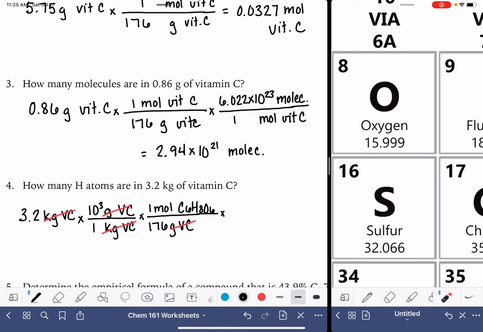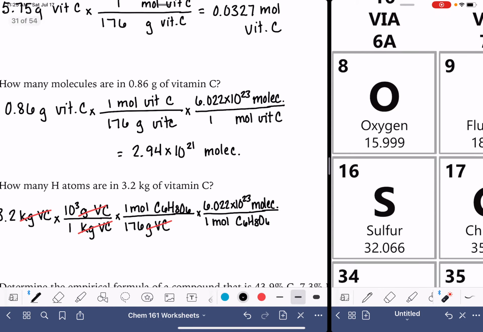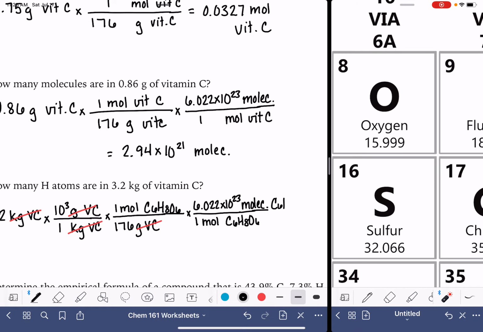The next step you take kind of depends on your personal preference here. But what I like to do next is convert that 1 mole of C6H8O6 into molecules, just like we did in problem number 3: 6.022 times 10 to the 23rd molecules of C6H8O6.